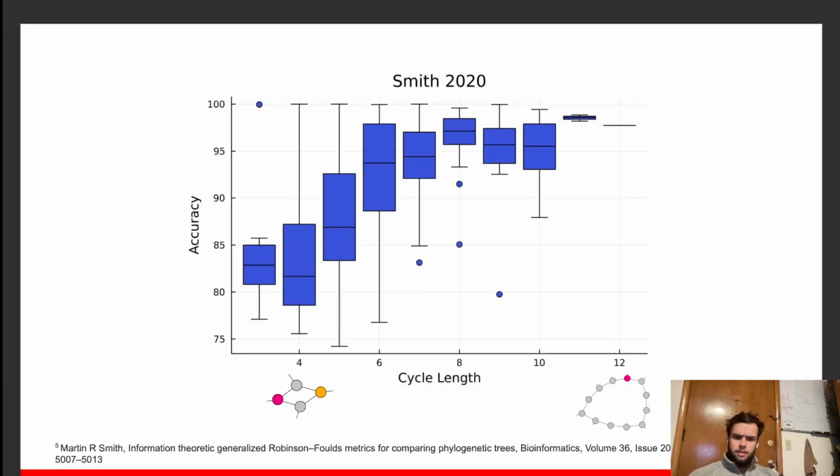And so why does this happen? Well, in general, as cycle length increases, what's happening is that the hybridization, or the horizontal event in the network, is connecting two sides of the network that would otherwise be very, very far apart from one another.